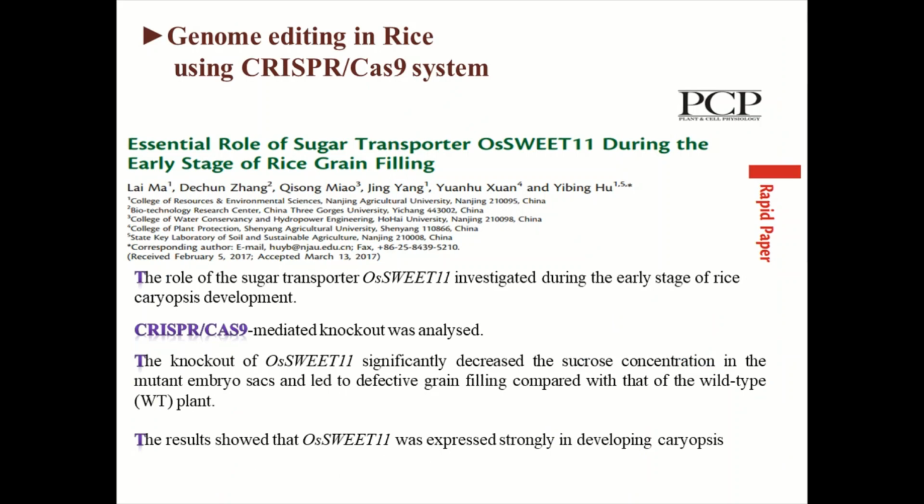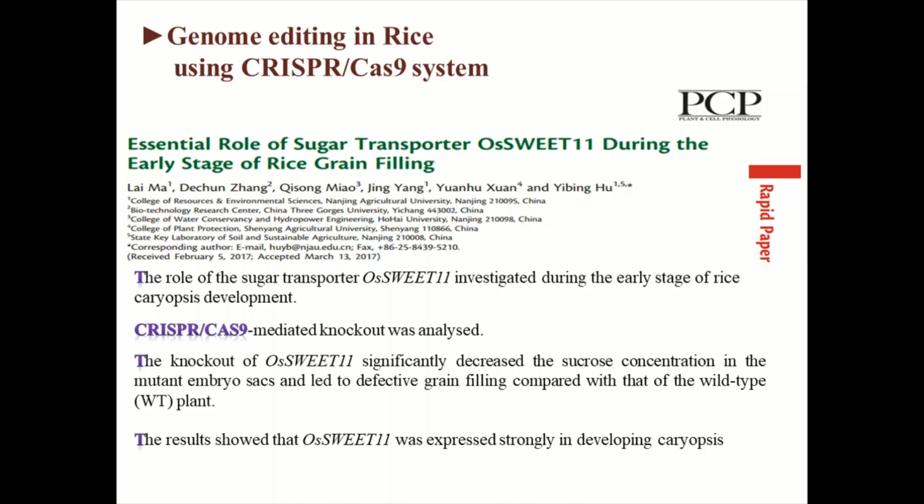This is an example of CRISPR-Cas9 induced genome editing in rice plant. In this study, the role of the sugar transporter OsSWEET11 gene was investigated by Ma et al. in 2017 during the early stage of rice caryopsis development.